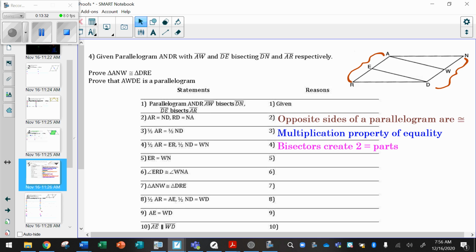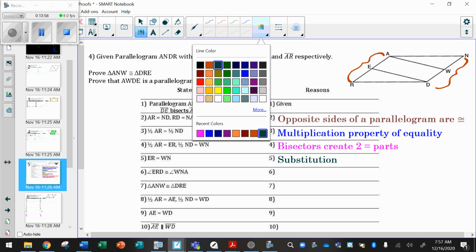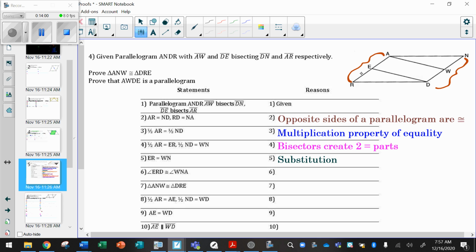We are used to saying that the bisector creates 2 equal parts by saying AE equals ER. But 1/2 of a bisector is 1/2 the segment. So what we're doing is taking 1/2 the segment and naming it as ER. And then we can do substitution to get those 2 1/2 pieces congruent to each other. So that's a new way of using bisector for us.